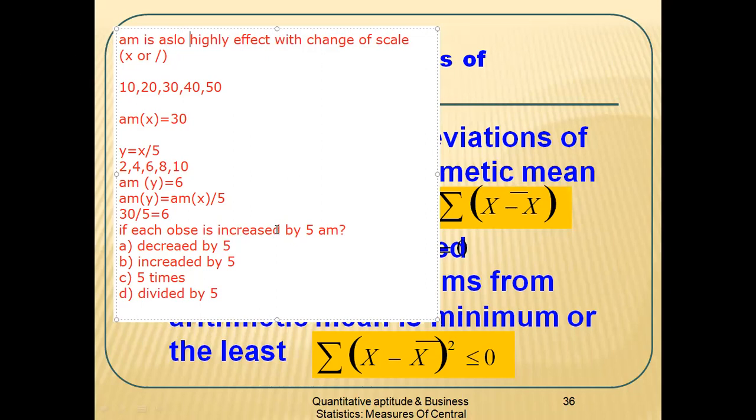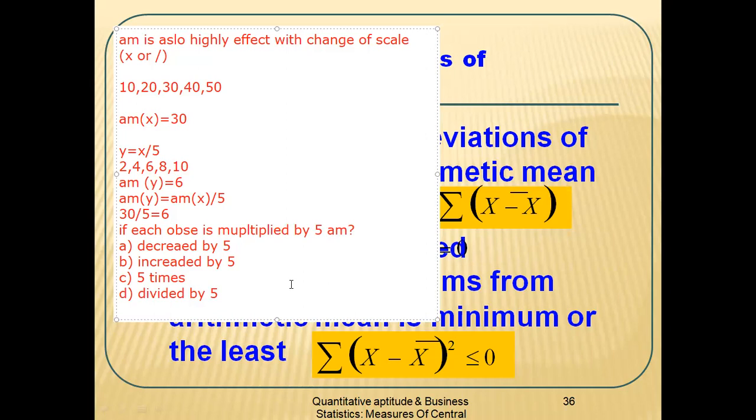Now if I give an example, if each observation is multiplied by 5, what is your answer?